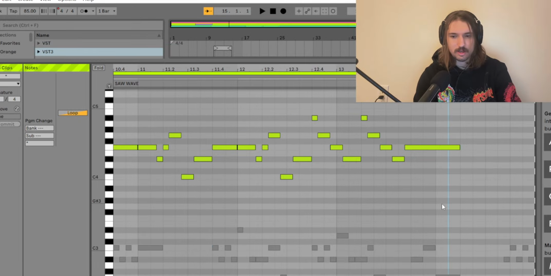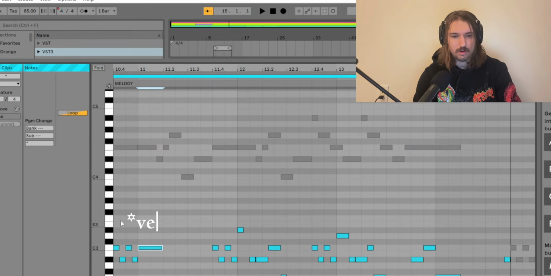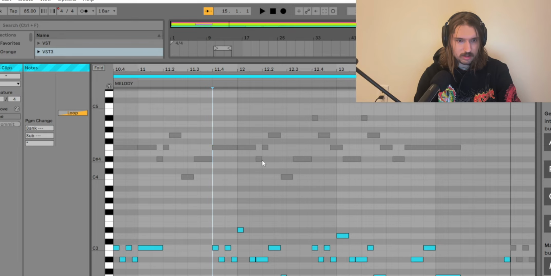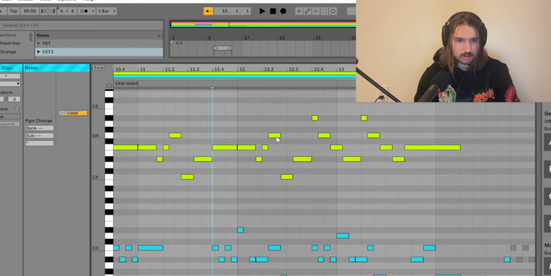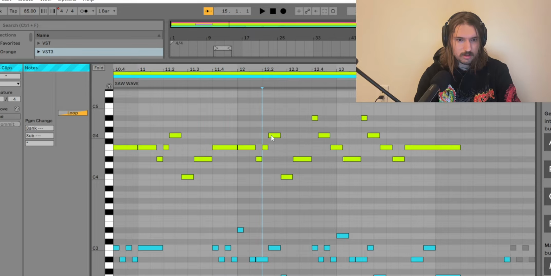So here, the yellow one, that's our intro melody, and this is our chorus melody. And see, can we find a pattern? Let me see. All right, well, over here, look at this idea.